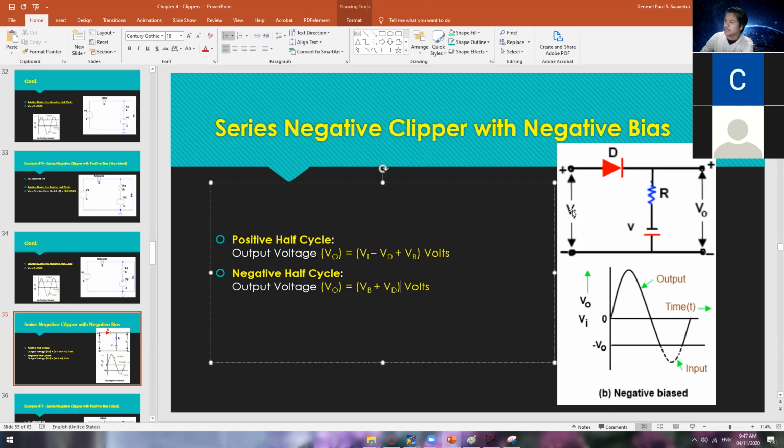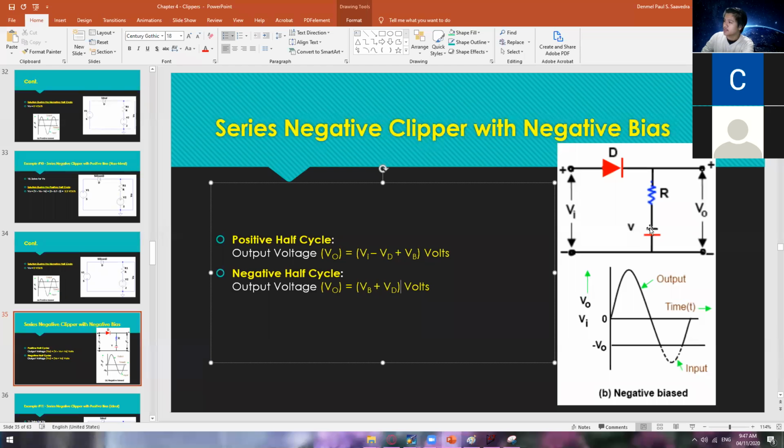So V sub I is in reverse bias. But for V sub B, our bias voltage, negative is connected to the negative and positive is connected to the positive. As a result, our bias voltage will make this one forward bias. Okay, so the formula for that one is VB plus VD.